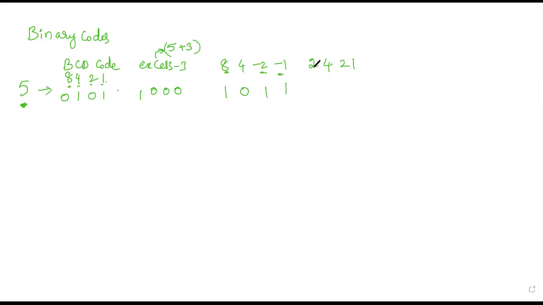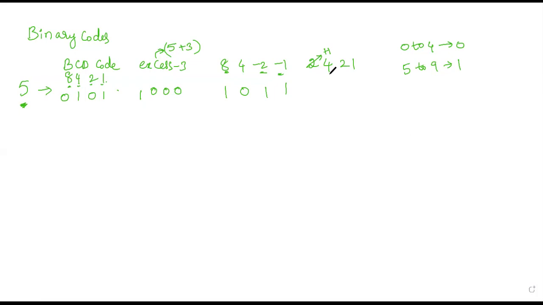I asked you to remember the first letter is H. Decimal digits we have 0 to 9. For 0 to 4 it is 0, and for 5 to 9 it is 1. So 5 is nothing but 4 plus 1.